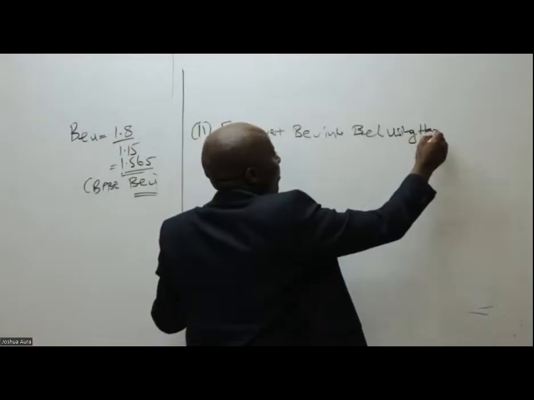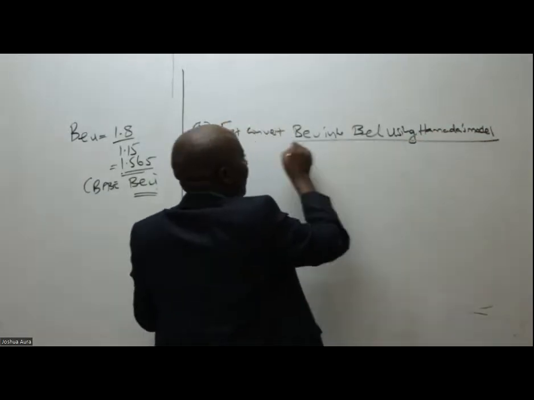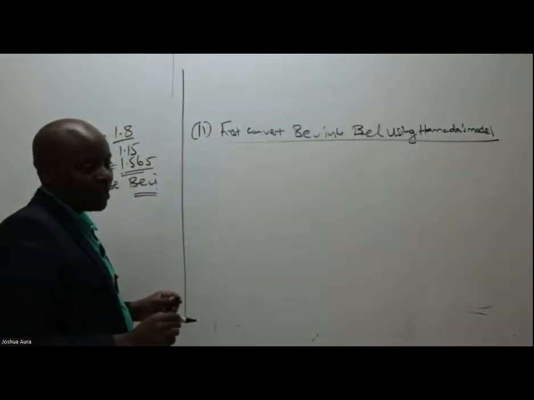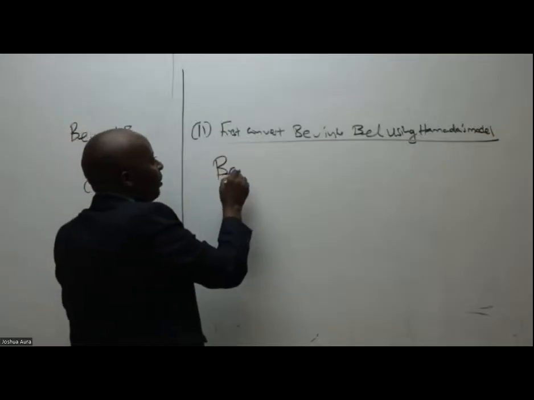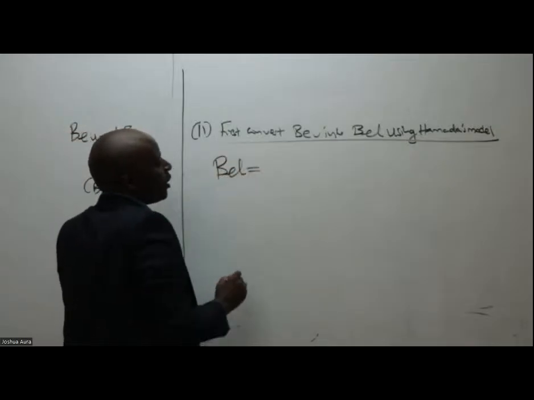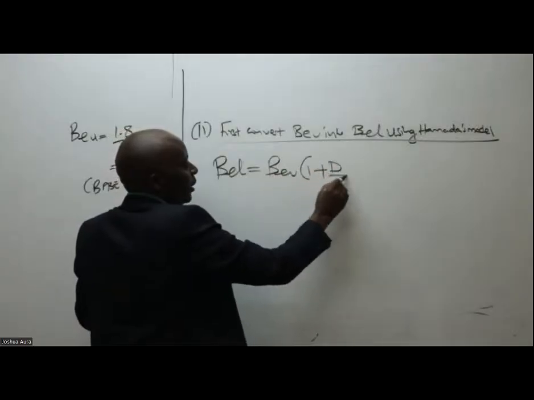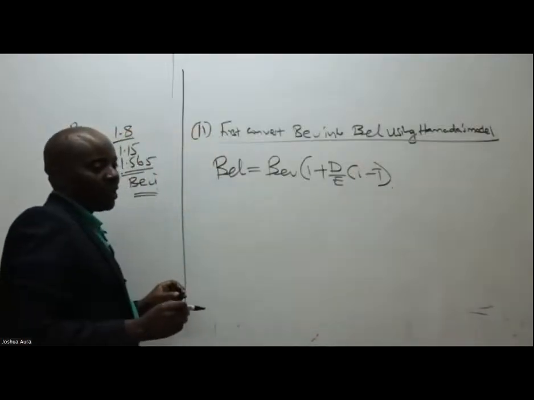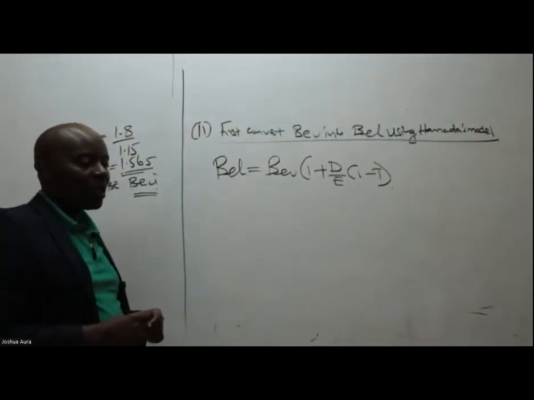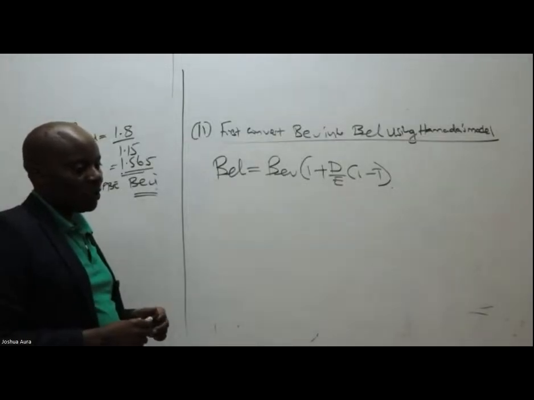Using Hamada's model, we know the formula: BEL equals BEU into 1 plus debt over equity, into 1 minus taxation.